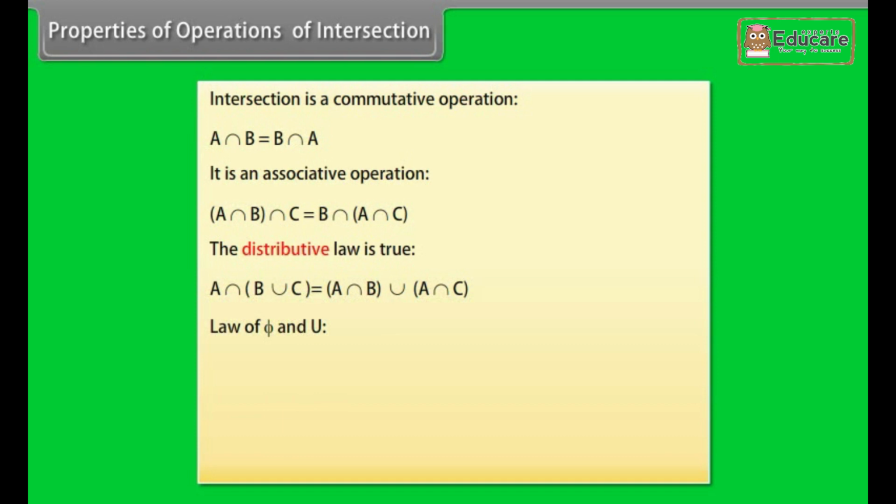Law of phi and U: phi intersection A is equal to phi, and U intersection A is equal to A. Idempotent law: A intersection A is equal to A.